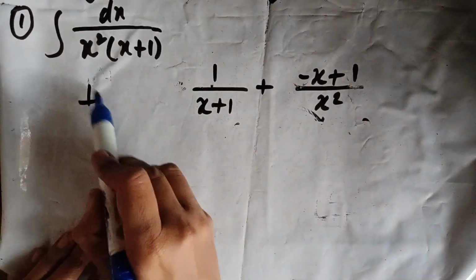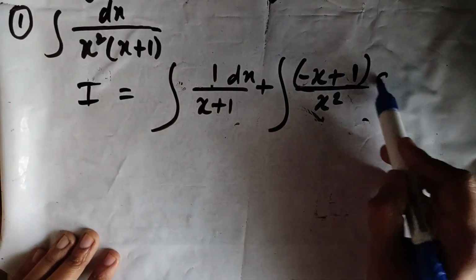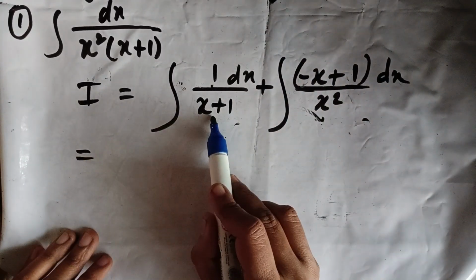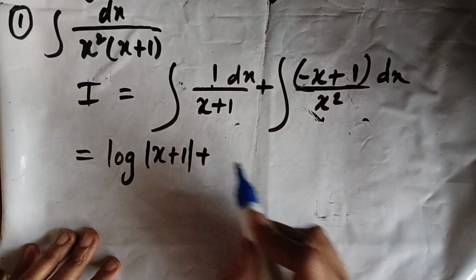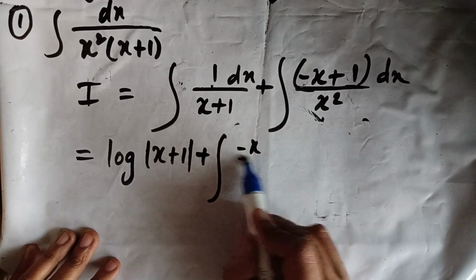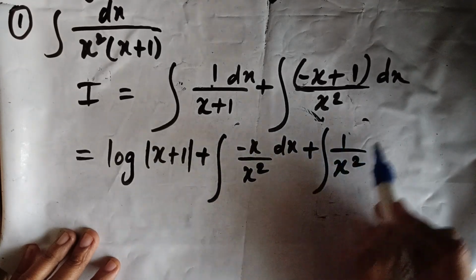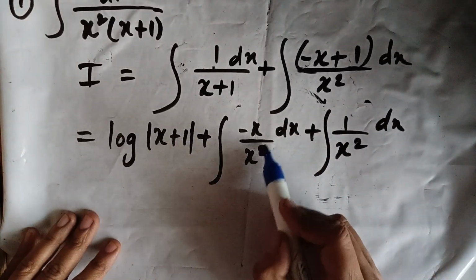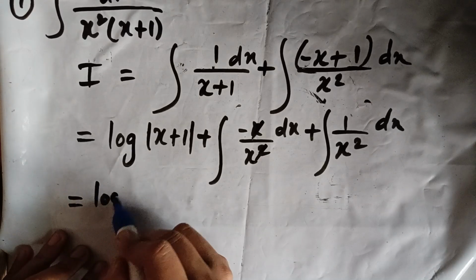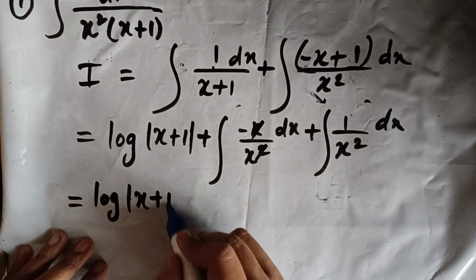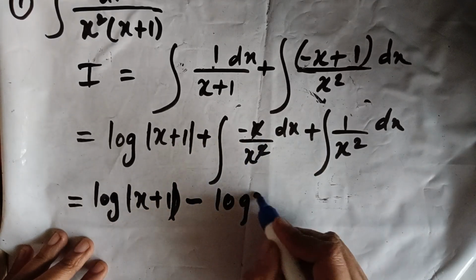So integrating, here you will get directly log x plus 1. Plus this you can write minus x upon x square plus 1 upon x square dx. Correct. So this becomes minus 1 upon x, so minus 1 upon x integrates to log x.